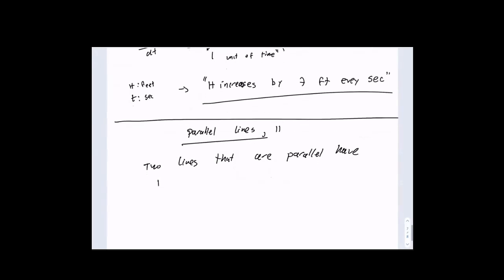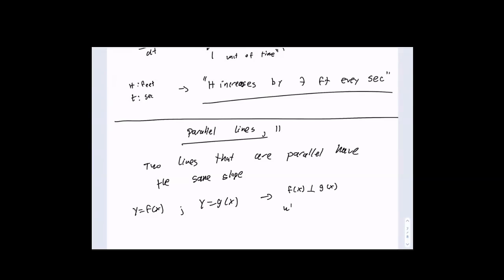Same slope. So if I had y equals f of x and y equals g of x, then f of x is parallel to g of x when f prime of x is equal to g prime of x.